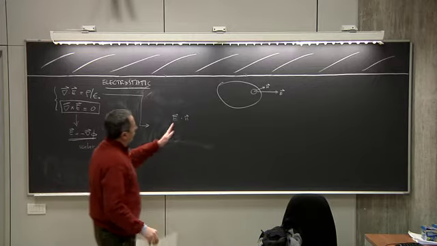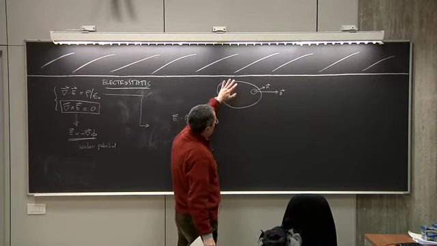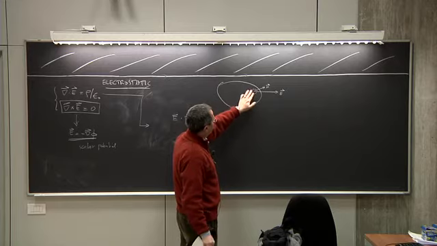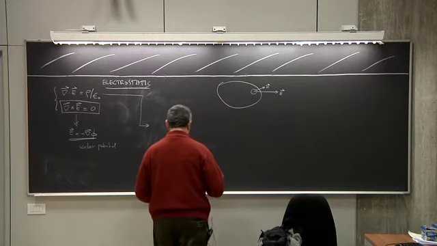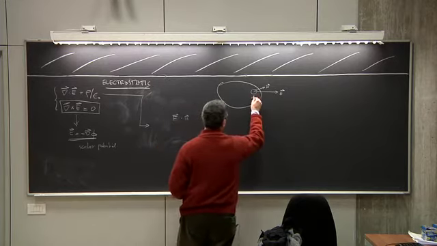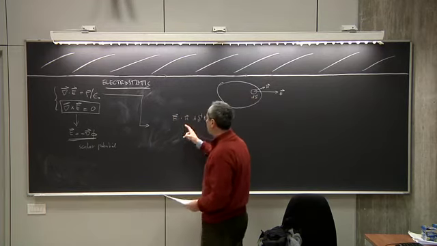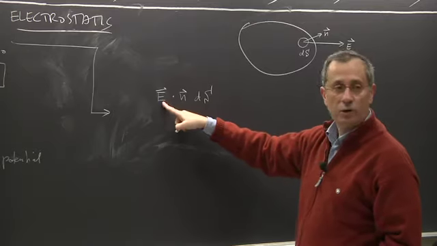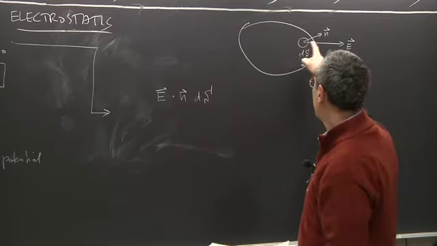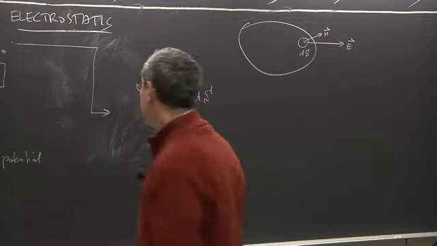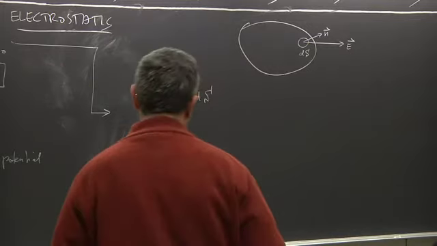Gauss law tells you what happens if you integrate over this surface, and you start with a small area, let's call it ds. If you take the component of the vector field normal to this surface and integrate, you get something.